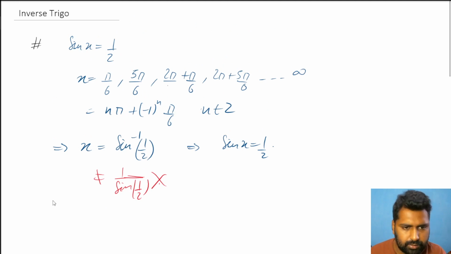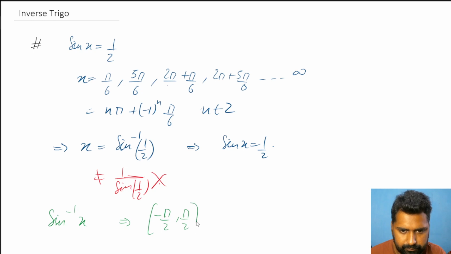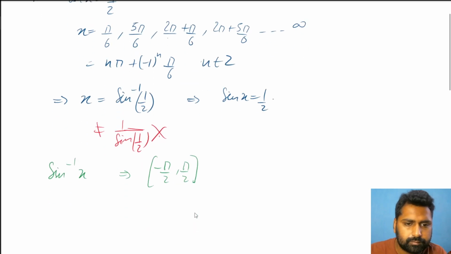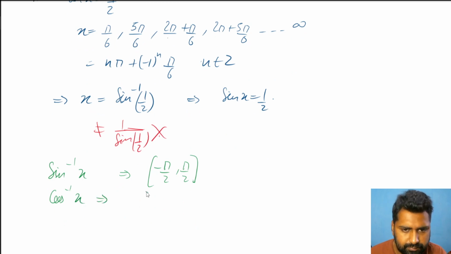For sine inverse x, the answer will be from minus pi by 2 to pi by 2. For cos inverse x, the answer will be from 0 to pi.